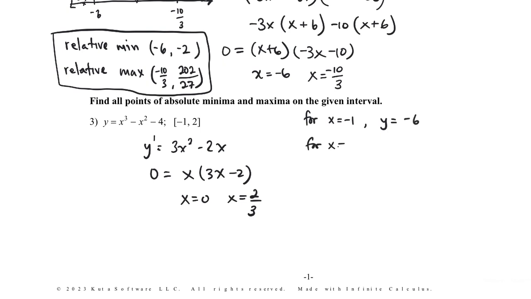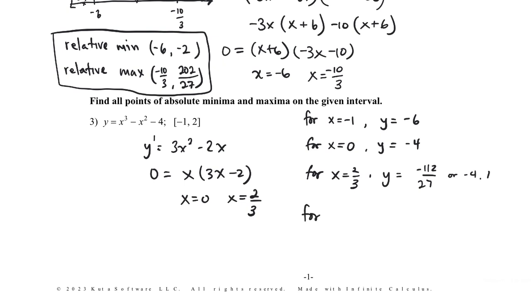For x equals 0, that's from this critical number, we're going to have 0 minus 4 as negative 4. For x equals 2/3, y is going to equal, if we keep it as a fraction, negative 112 over 27, or about negative 1.1.